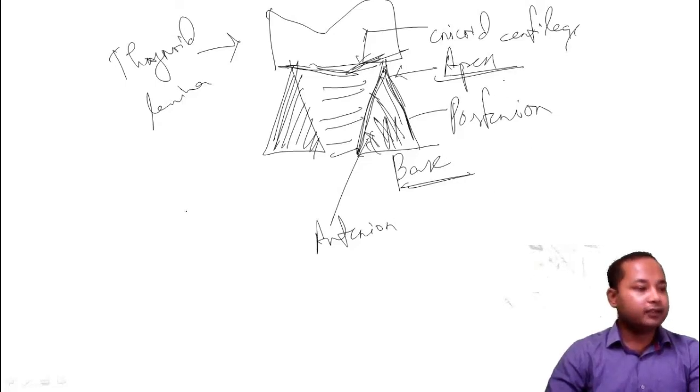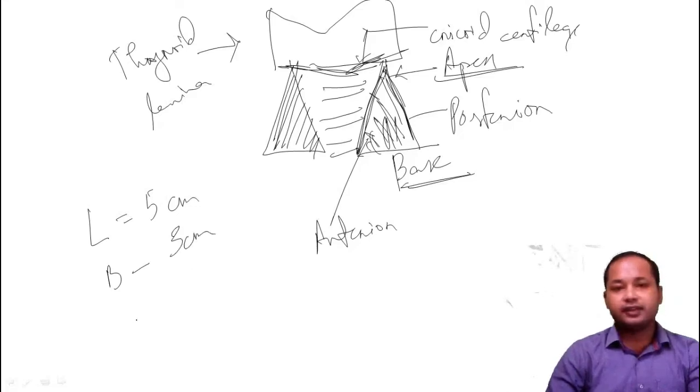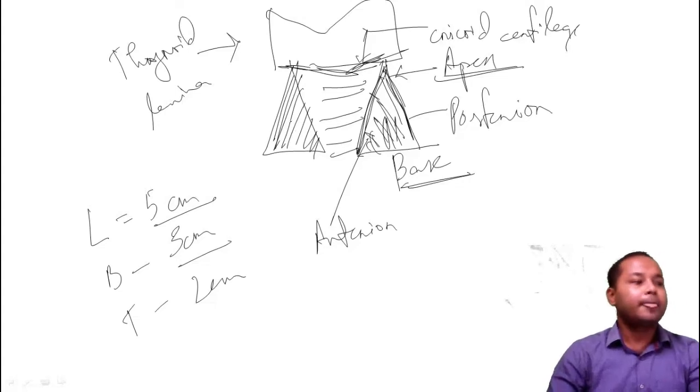The length of the gland is approximately 5 cm. There also it was the same. Then the breadth was around 4 cm, but here it is written as 3 cm, so don't get caught up on things like 3-4 cm. So this is approximately 5 cm by 3 cm, and the thickness is around 2 cm. In the adrenal gland, I think it was written as 1 cm. So this is basically a conical structure.